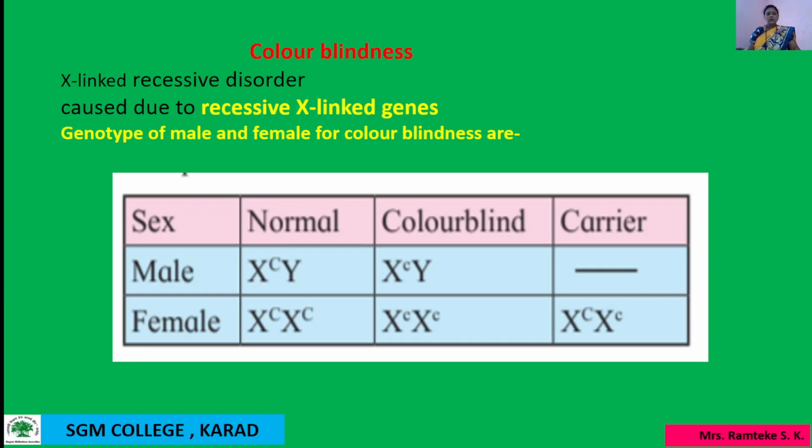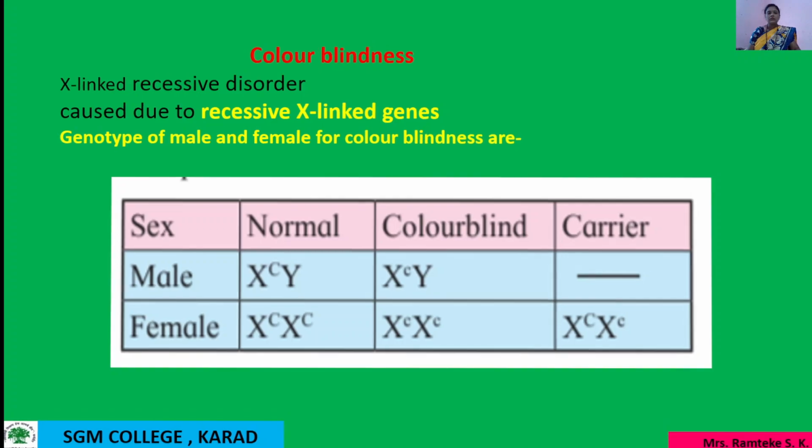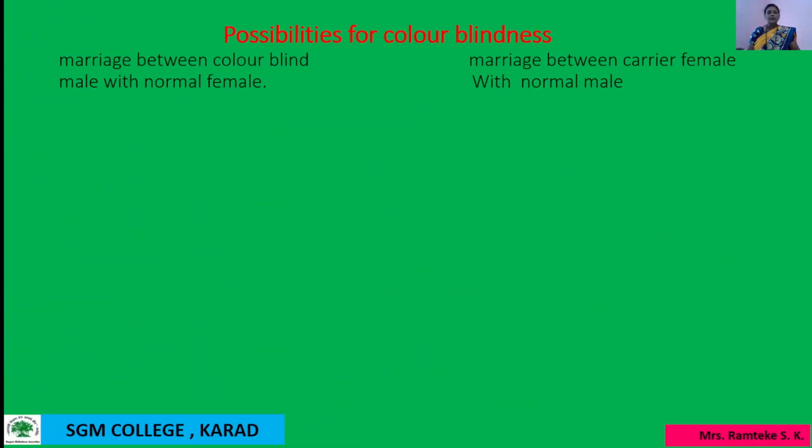Okay, see, then another one is Y linked genotype, okay. So here we discuss this particular color blindness, and another point is the possibilities for color blindness.